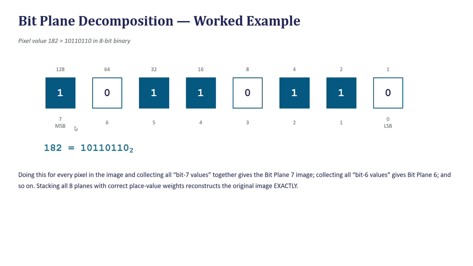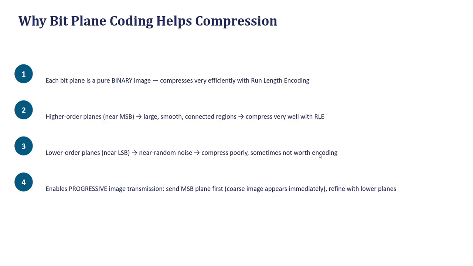I calculate like this for each and every pixel, and I will calculate all 8 planes. Once I do that, I will send the MSB plane first, then the next plane, and so on.